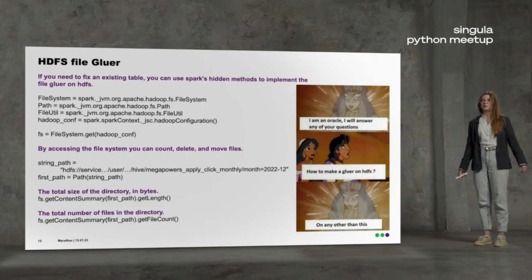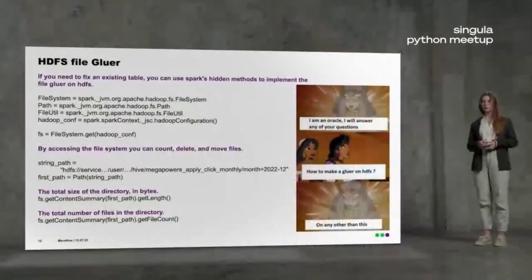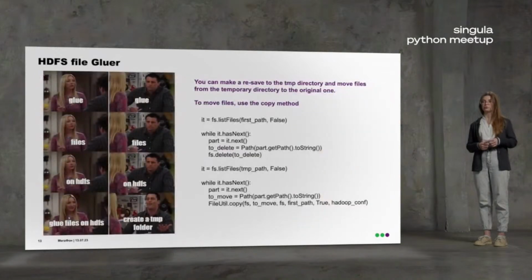By accessing the file system, you can count, delete, and move files. For example, view the total size of the directory in bytes, or get the total number of files in a directory. If you want to change the table, you need to resave to a temporary folder and move files from the temporary folder to the original one. Use the copy method to move files.